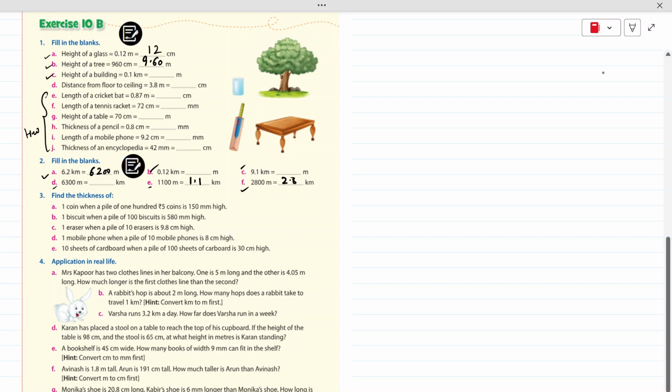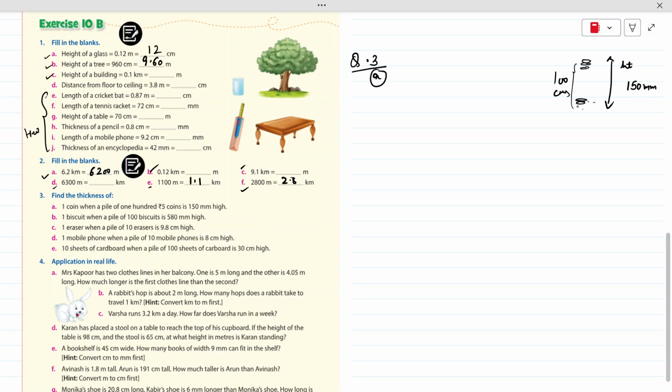So what it means is that there is a pile of 100 coins. They are stacked one above the other, and the total height given to us is 150 meters. And what we have to find here is the thickness of one coin.